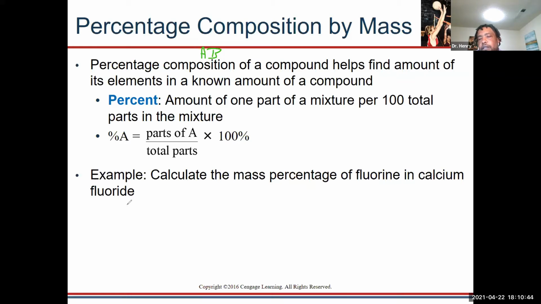What do you guys think? If we're looking at the part over the whole, what would be the first thing I would want to do? We need to find the chemical formula. What is the chemical formula? CaF2.